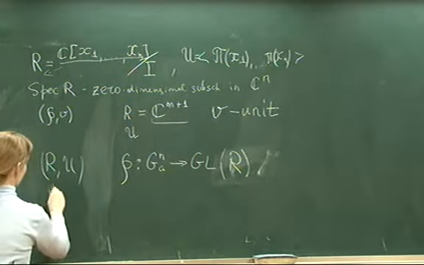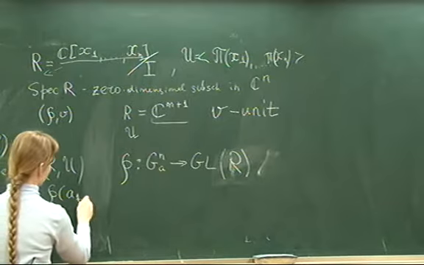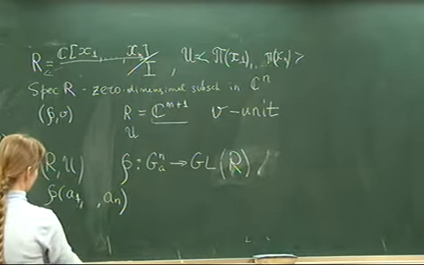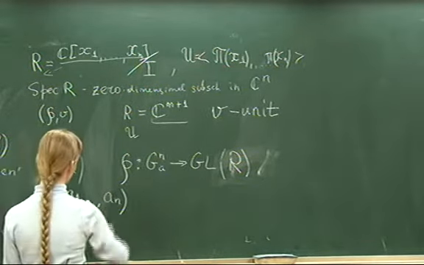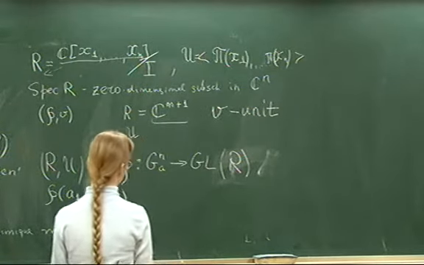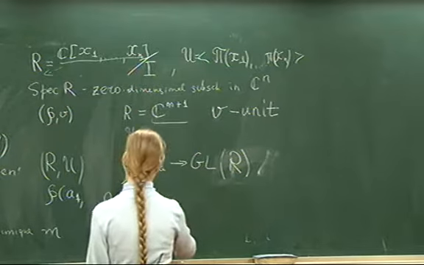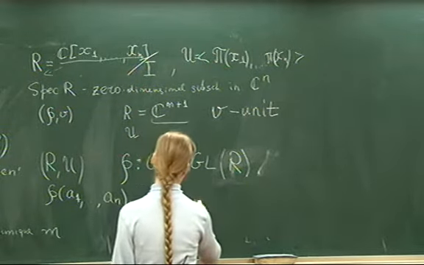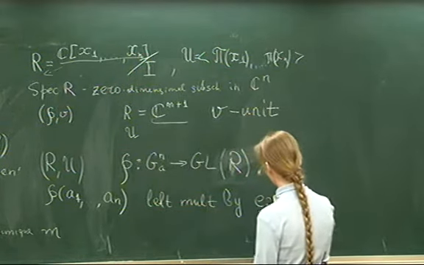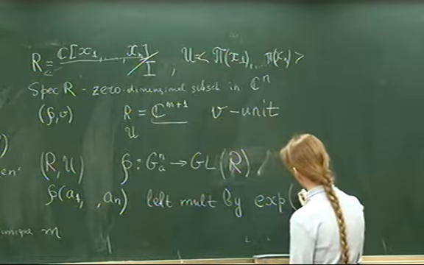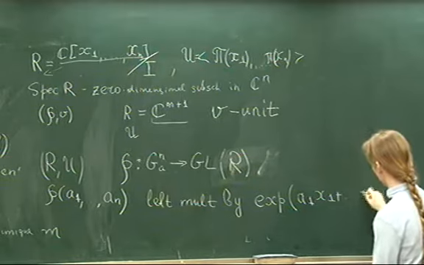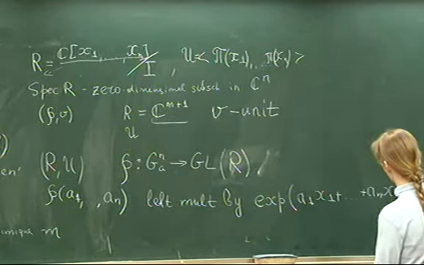In this way, to n complex numbers, which are some element of the group, we associate the operator of left multiplication by the exponent of a1 x1 plus and so on an xn.